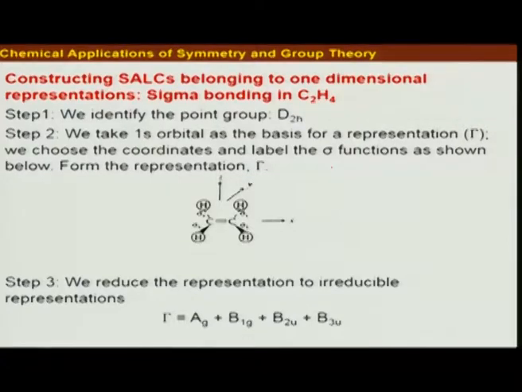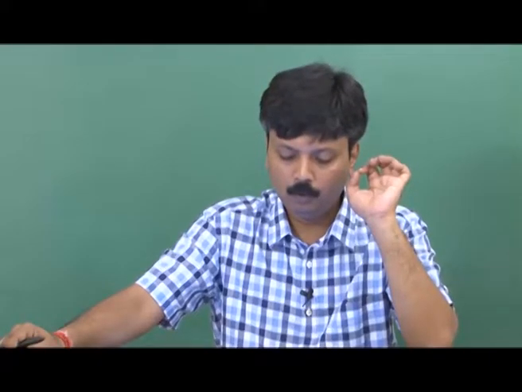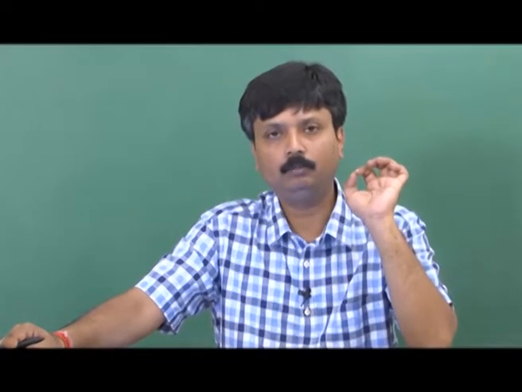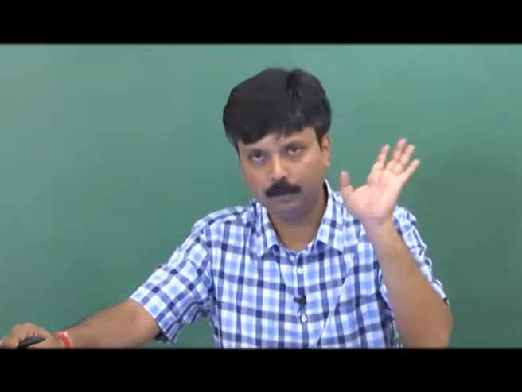So once we identify this point group, which here is D2h, which is very easy to find out, and after finding out this one, what do we do? We take certain wave functions as basis functions. So we are considering CH bonds. Now, what basis can we choose? The answer is anything, right?